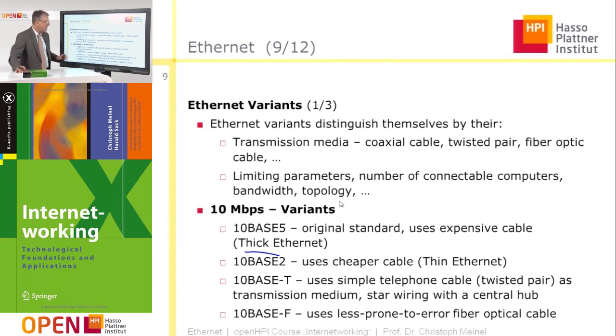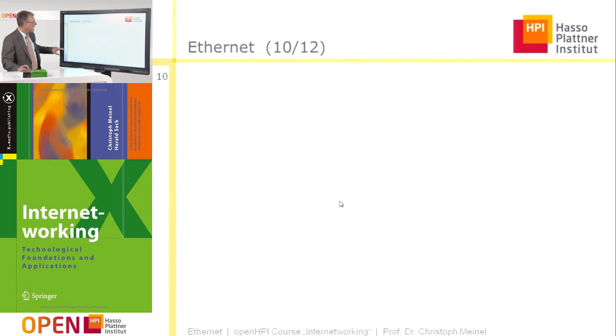This is a variant that uses optical cable. With a different physical nature of the cables, a different error behavior is also connected. So optical cables are expensive, but they are relatively error-free.